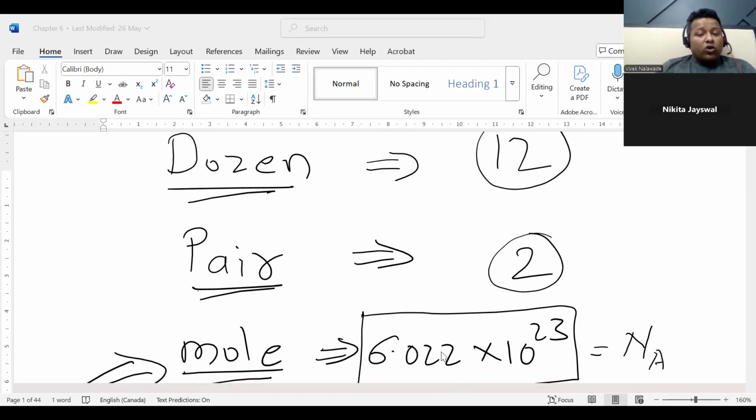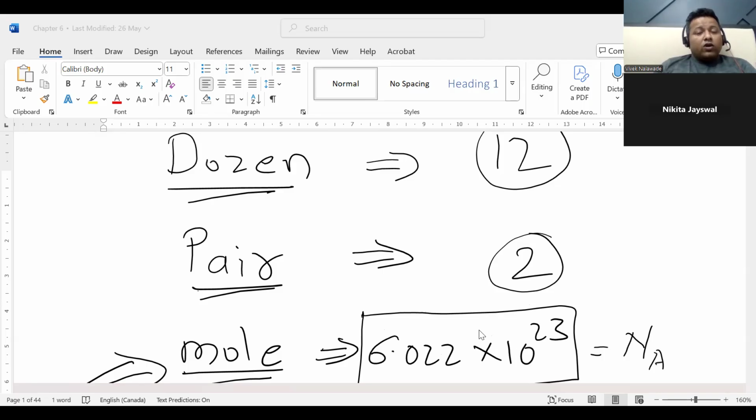But the problem with mole is that it's a huge number, 6.022 into 10 raised to 23. That number is so huge that even Elon Musk and Jeff Bezos together don't have this much money. Does that give you a feel of the number? Together their wealth is not equal to this number.